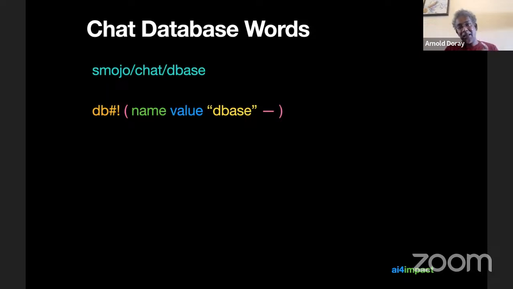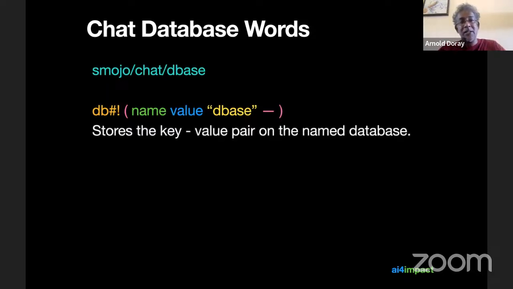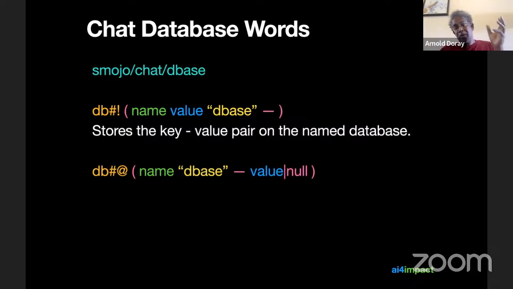But unlike the pstore, which only has 2 inputs, this has 3 inputs: a name, a value, and also the database, the virtual database on which you want to store it. So this stores the key value pair like before, but on a named database. Again, for database fetch, you need to provide the name of the key that you want to use and the database name, and it will give you the value, or null if it's not found on the database.